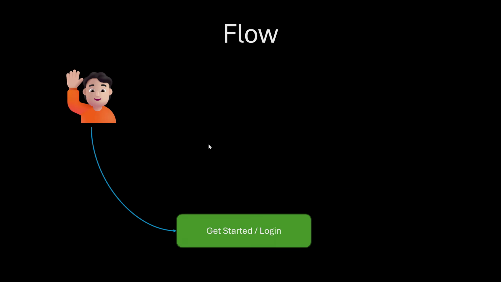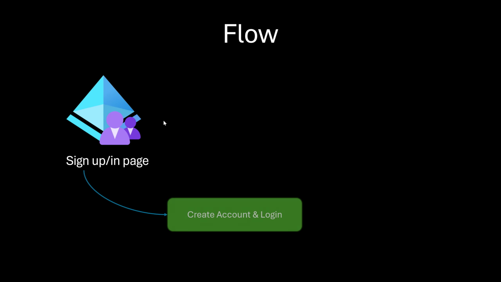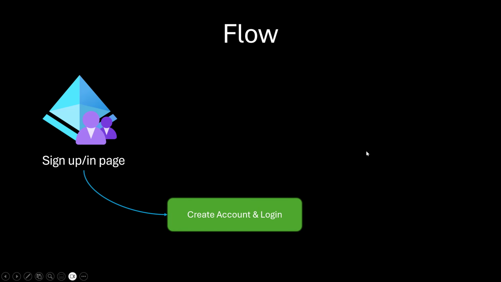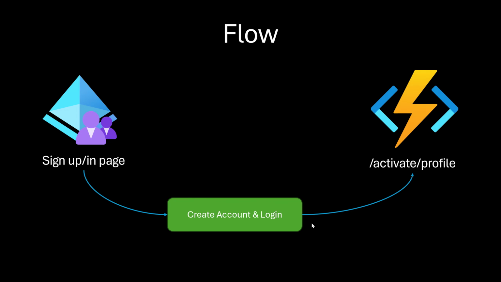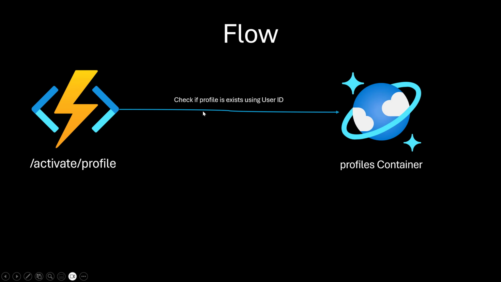The next thing is how the flow will be. It's going to be very simple. The user will open the get started or login page and create an account using the sign-up for the B2C. Whenever the user finishes, it will call a new Azure function we create called activate profile, and this one will check our Cosmos DB: do we have a user with this ID?